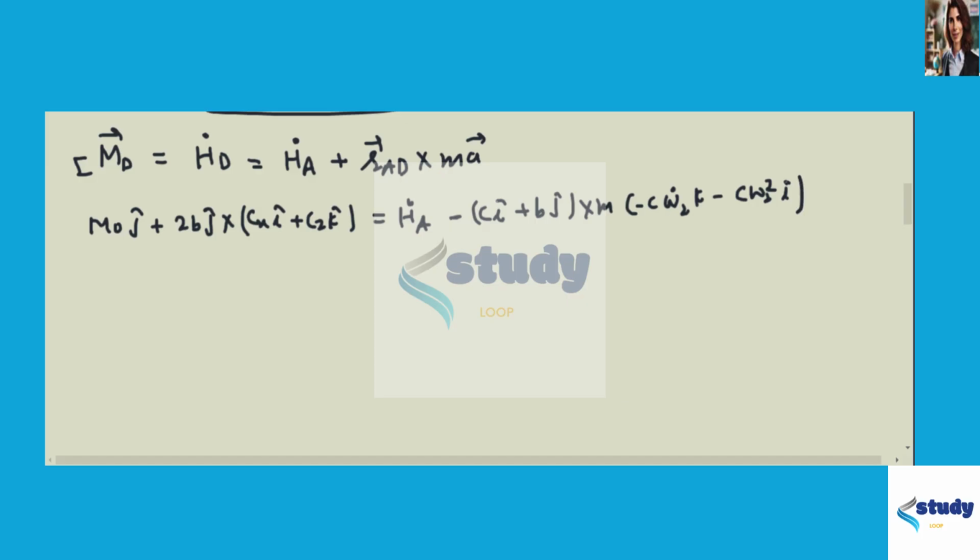Now we can substitute the value of HA, and HA is already given to us from equation 2.